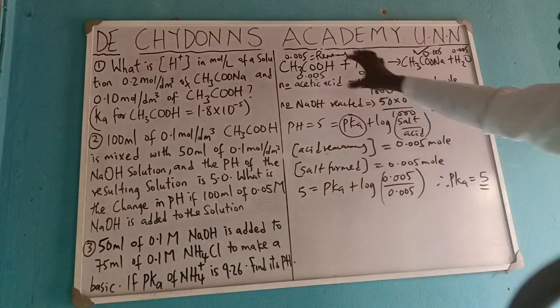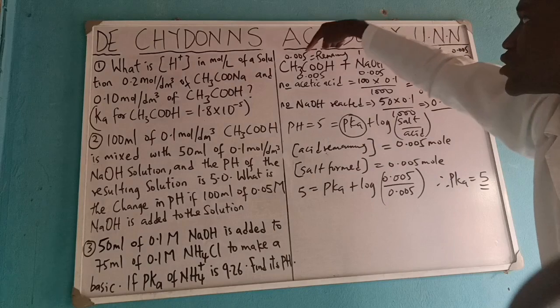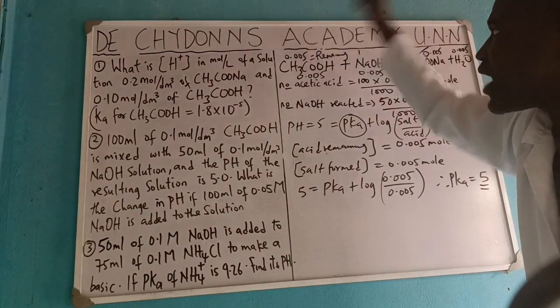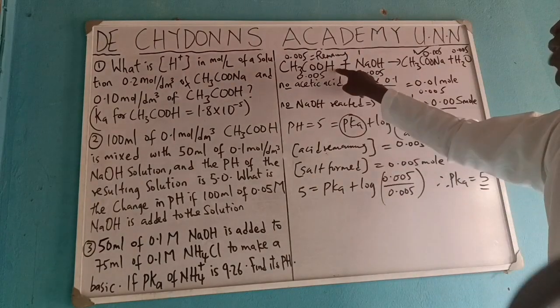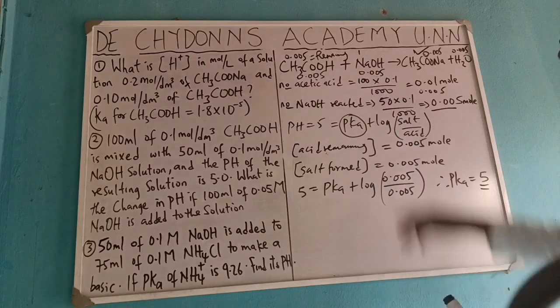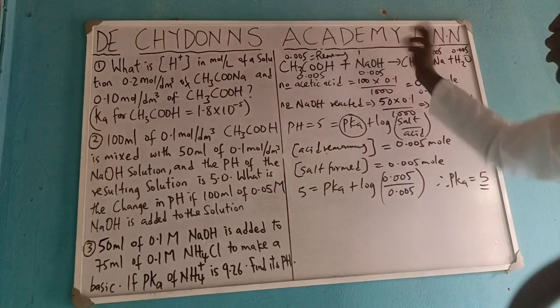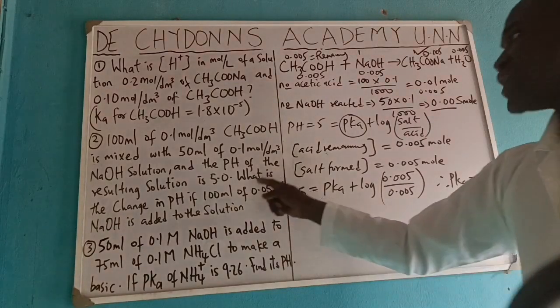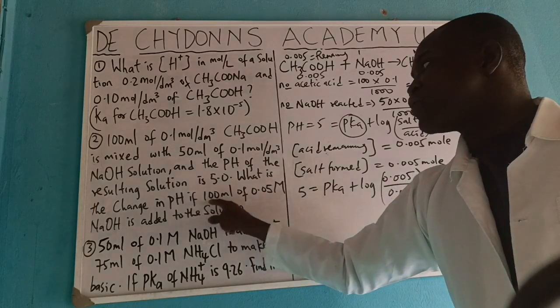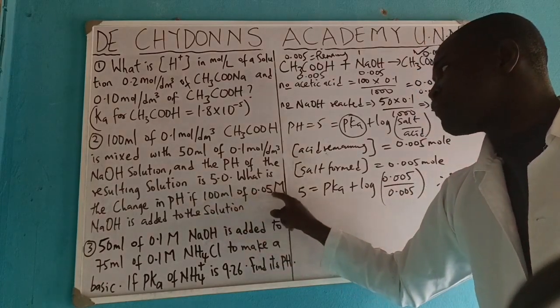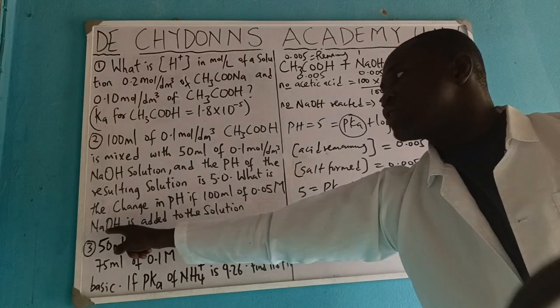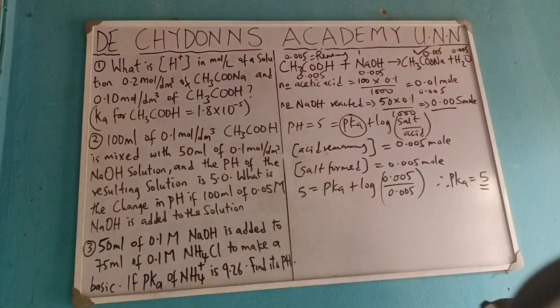Now, in this same solution that is having 0.005 of ethanoic acid remaining, the base has already been neutralized. They said, what is the change in pH if 100 ml of 0.05 mole of sodium hydroxide is added to the solution?